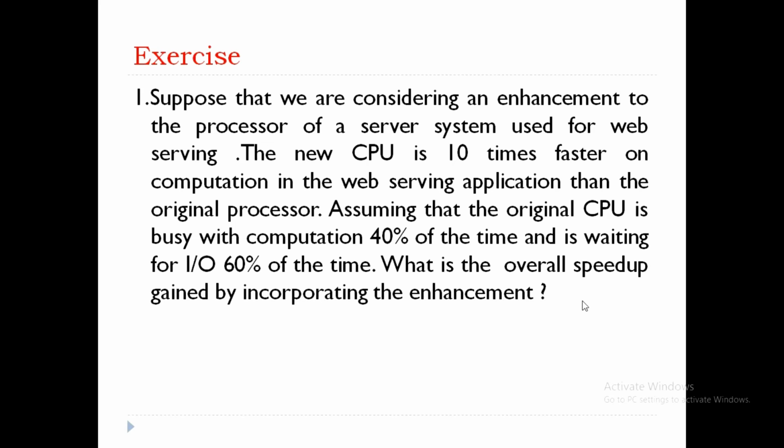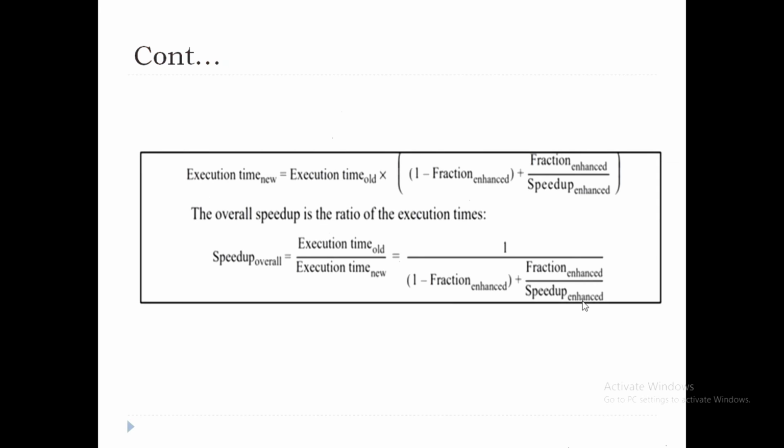So this is our question. What we want to identify is the overall speedup. We already know the overall speedup equation: 1 divided by (1 minus fraction enhanced) plus fraction enhanced divided by speedup enhanced.